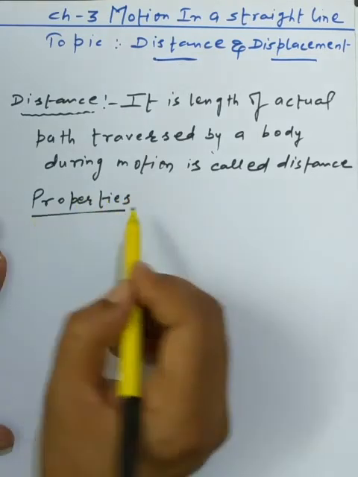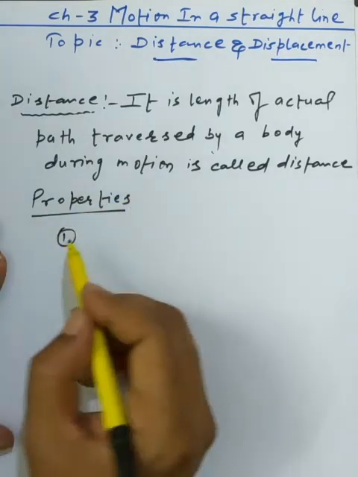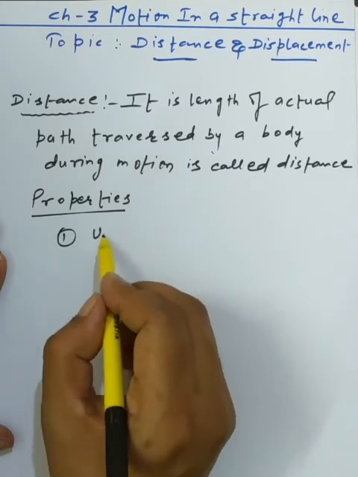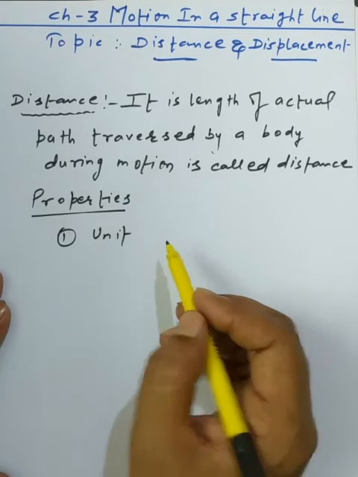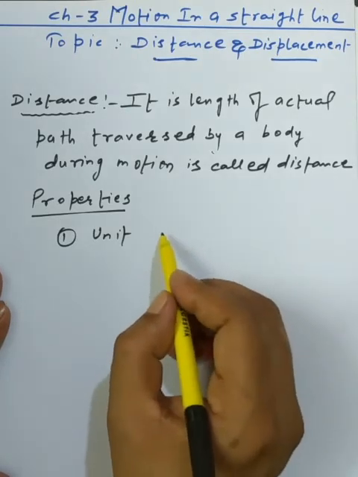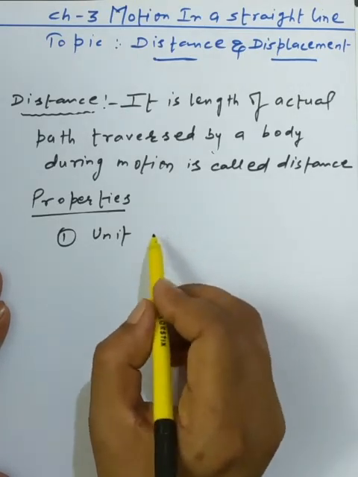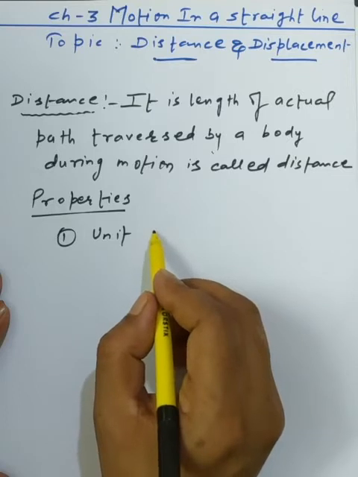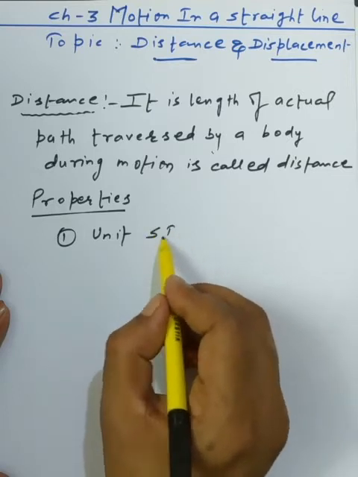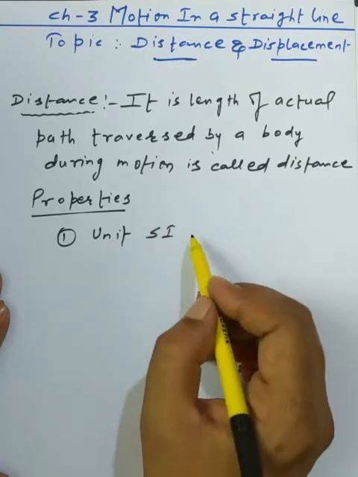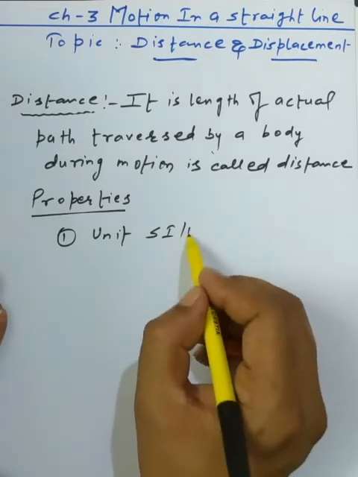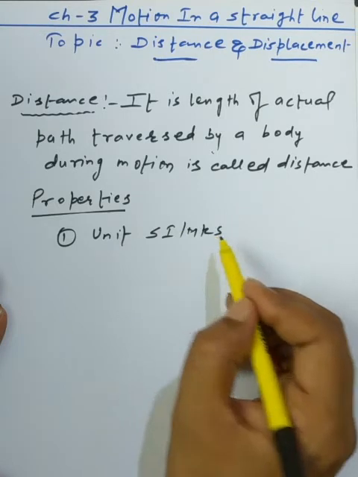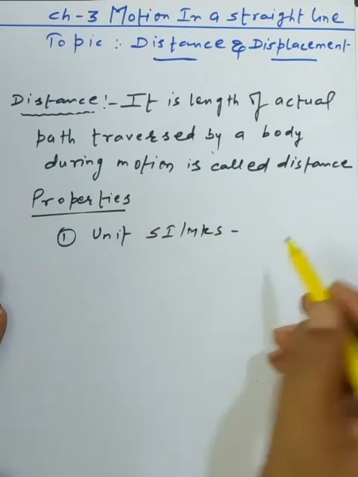Properties here we have. First, the unit system. There is always a one mark question on the concept of the unit. We discussed in chapter number 2 that there are three basic systems, of which nowadays only two are valid, the SI or MKS system and the CGS system. This was the explanation I gave in the previous lecture.